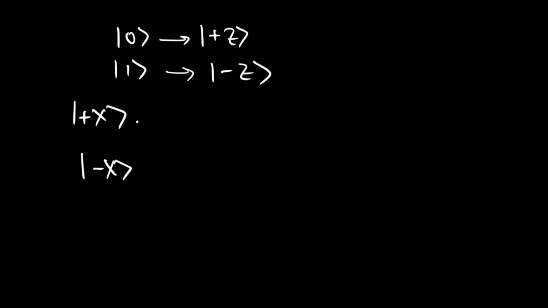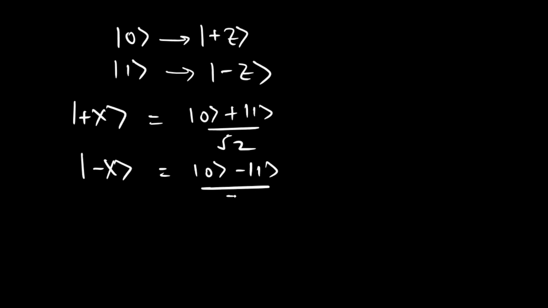Let us assign the 0 state to the plus z output and the 1 state to the minus z output. Since plus x and minus x states are equal portions of plus z and minus z states, plus x can be written as (0 plus 1) by root 2 and minus x can be written as (0 minus 1) by root 2.